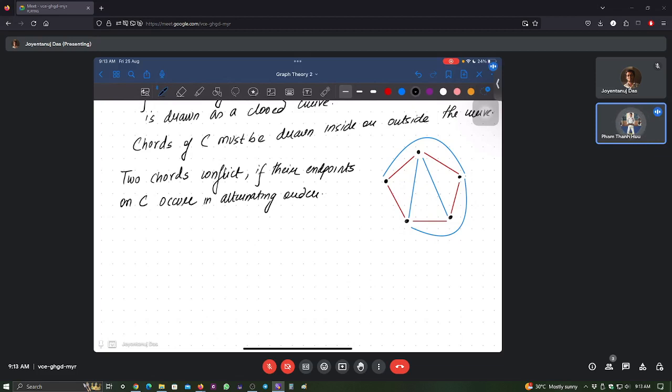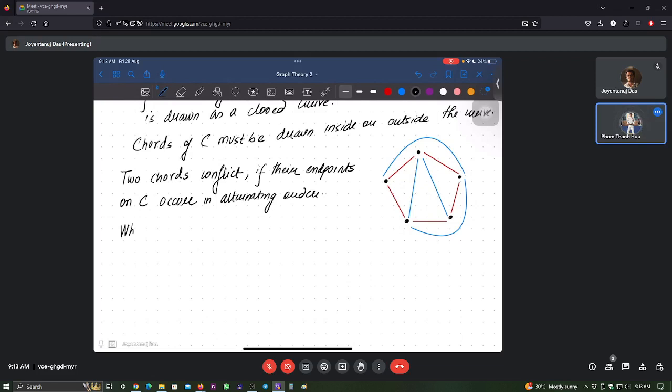Skip one between them. Okay, I got it. It's one condition, we may have other conditions, but one condition is that it should be alternating.